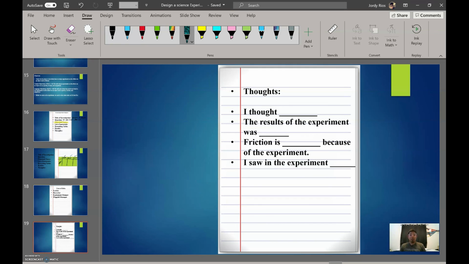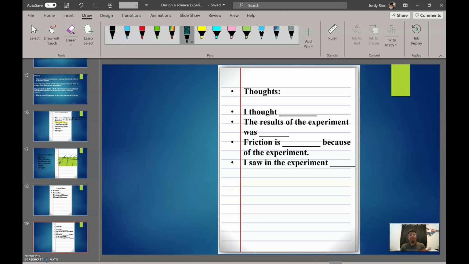And lastly, once your group is done with the experiment, you're gonna come back to your desks and write, what were your thoughts on the experiment? I thought... The results of the experiment was... I believe that there was more friction with the towel or nothing or on paper because... I want to know why.